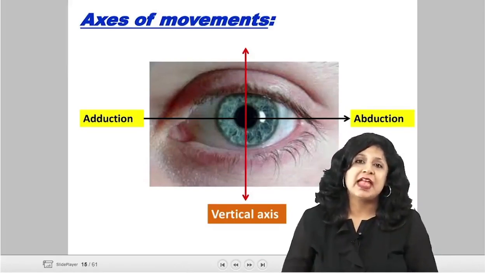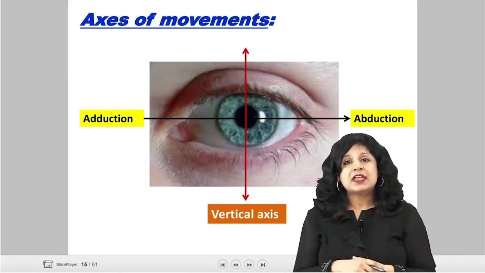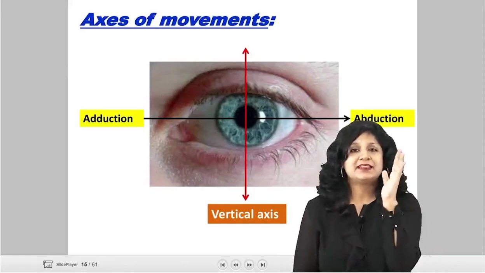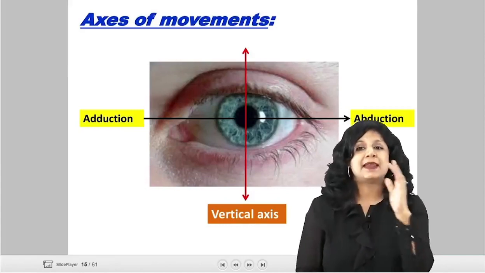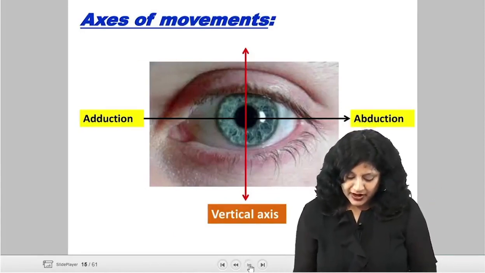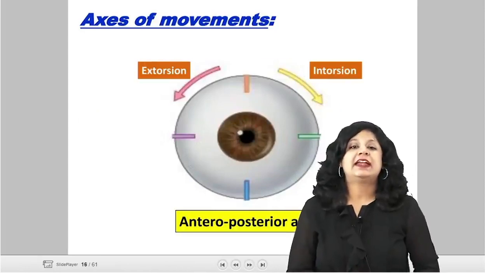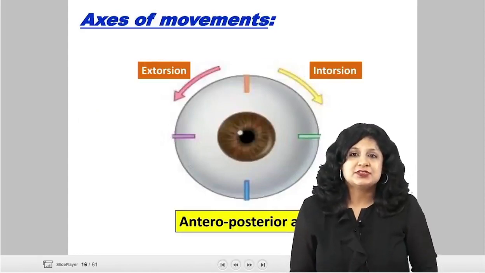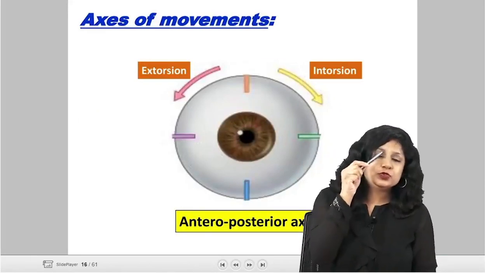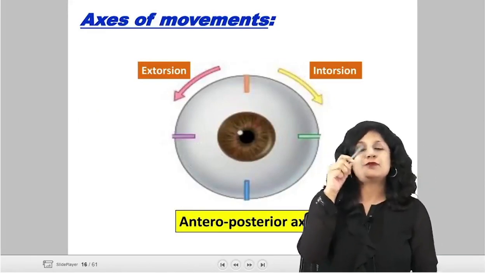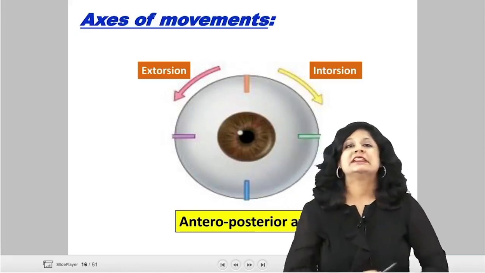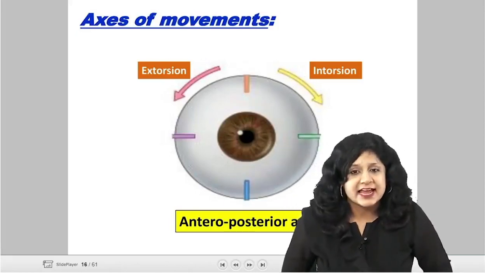Adduction and abduction. While the third is your antero-posterior axis. Can you see now? From the 12 o'clock position, either it is going to the 3 o'clock position, or from the 12 o'clock position it is going to the 9 o'clock position. This is intorsion and extorsion.